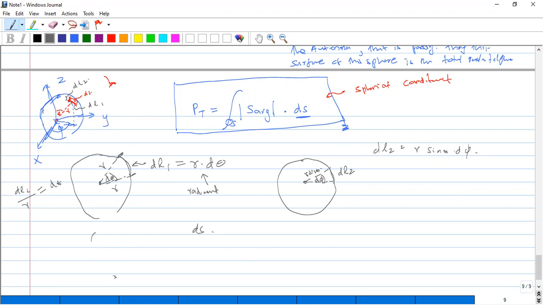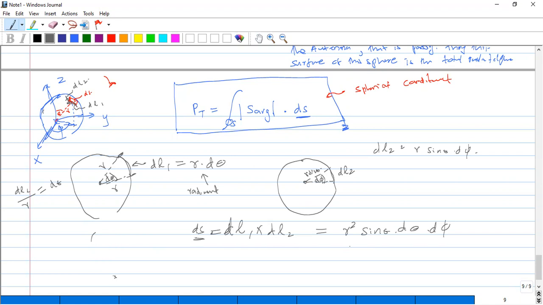So ds is dl1 times dl2. dl1 is r d theta, dl2 is r sine theta d phi, so you will get r squared sine theta d theta d phi.